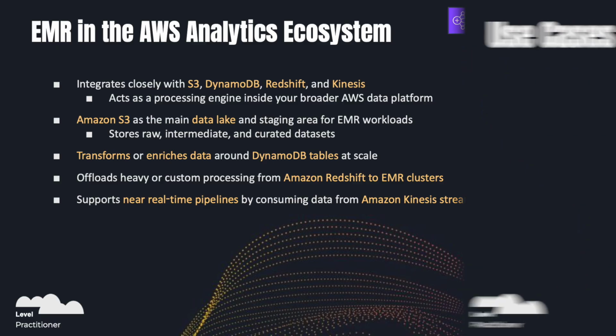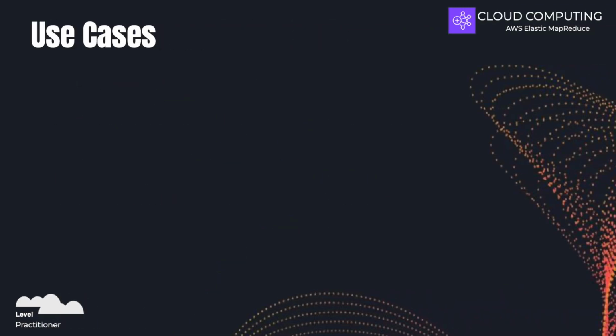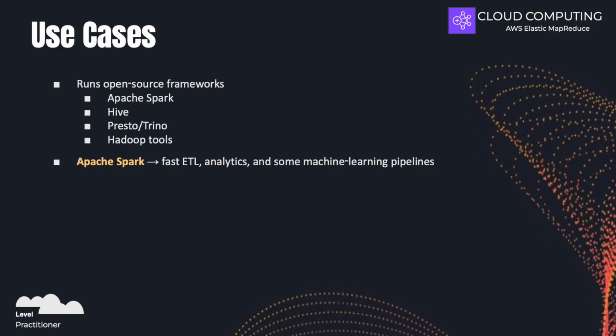One of the biggest values that it brings is that it can run popular open source frameworks for you. Apache Spark is widely used for fast, general purpose data processing, analytics, and some machine learning workloads. Apache Hive and engines like Presto or Trino let you run SQL-style queries over large datasets in S3 or other sources.